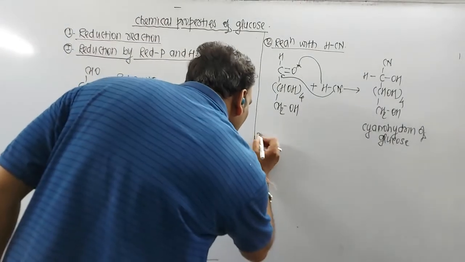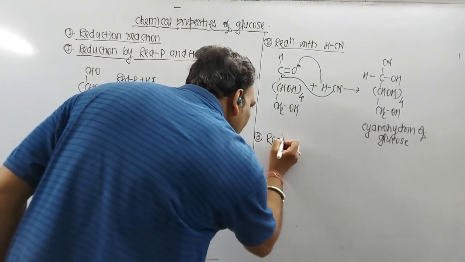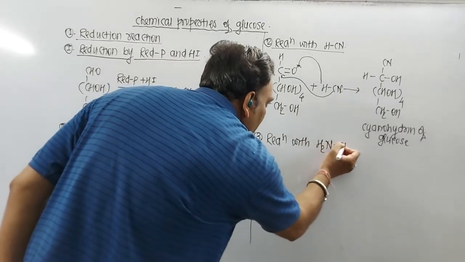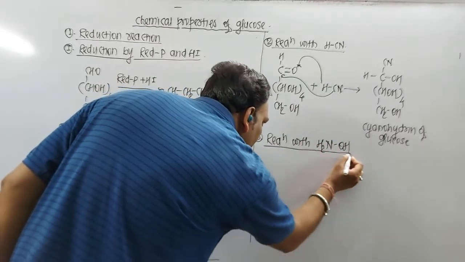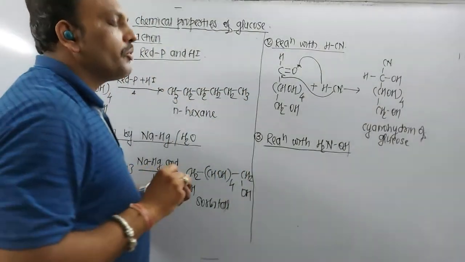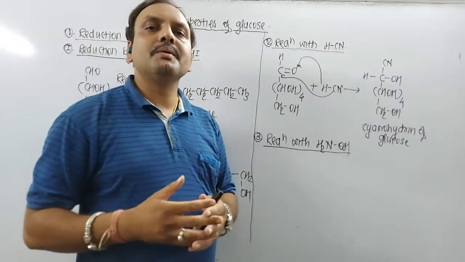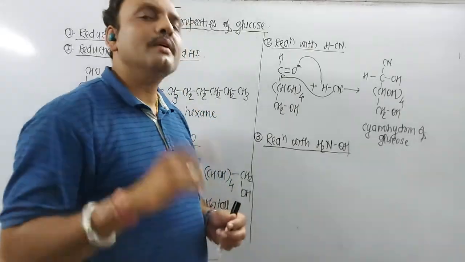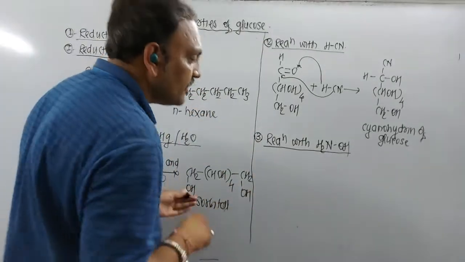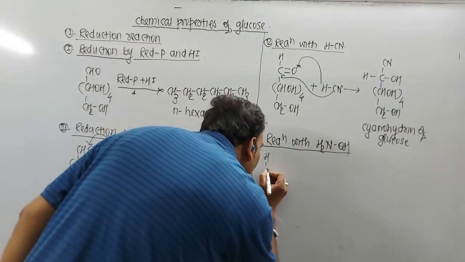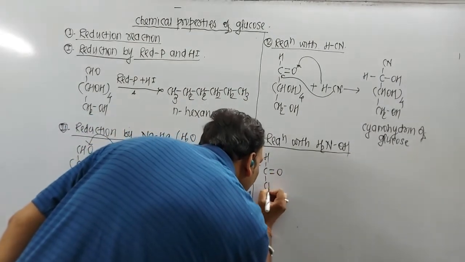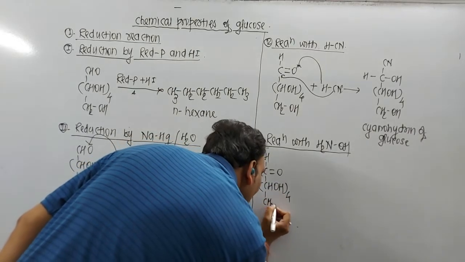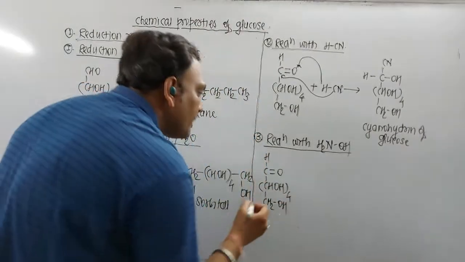Now next very important thing, let's see reaction of glucose with NH2OH. NH2OH is none other than hydroxylamine. We know very well that aldehydes prefer to react with hydroxylamine producing corresponding oximes. Glucose does the same. So glucose can be given in this manner. We know very well glucose is aldohexose.